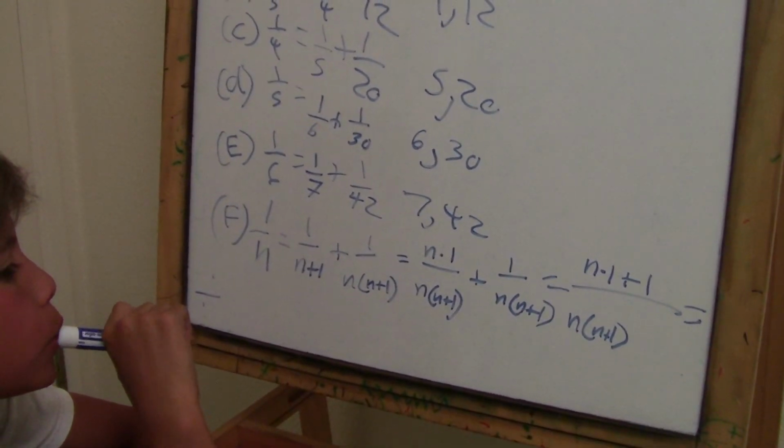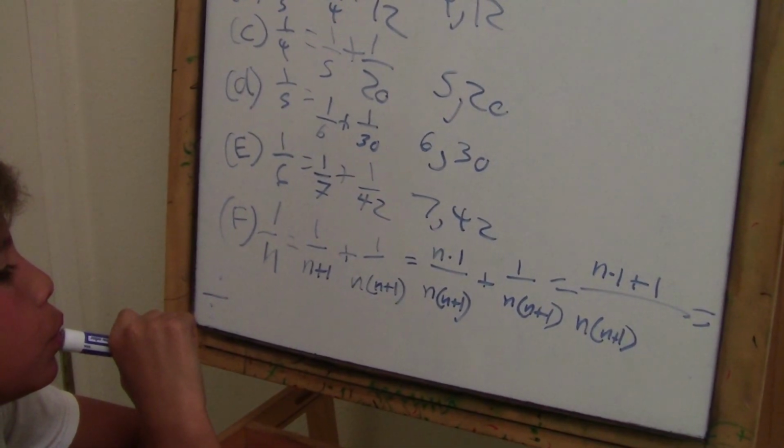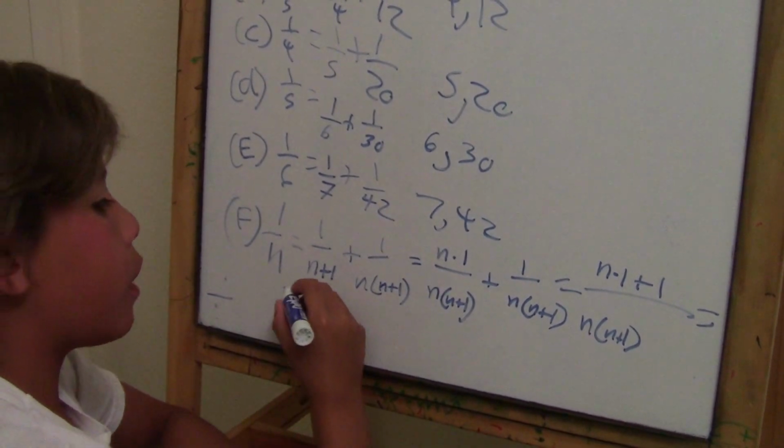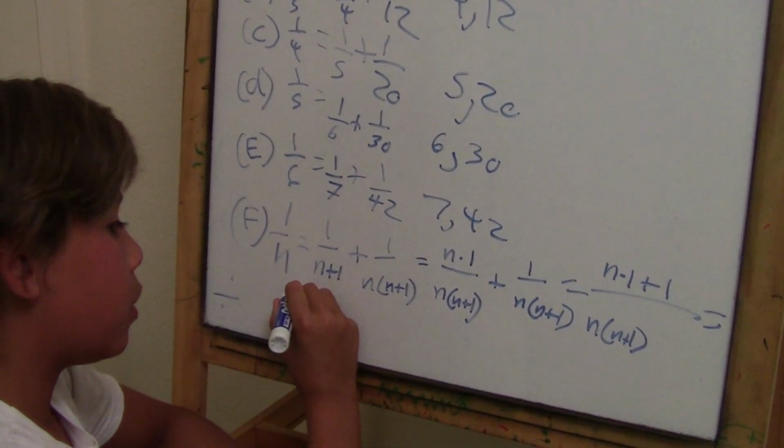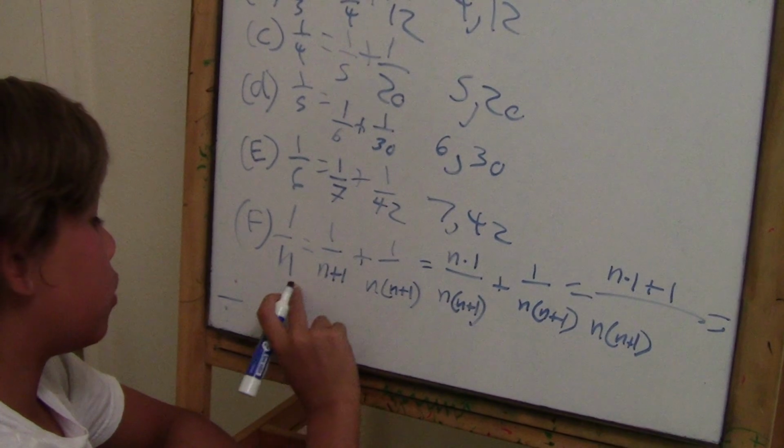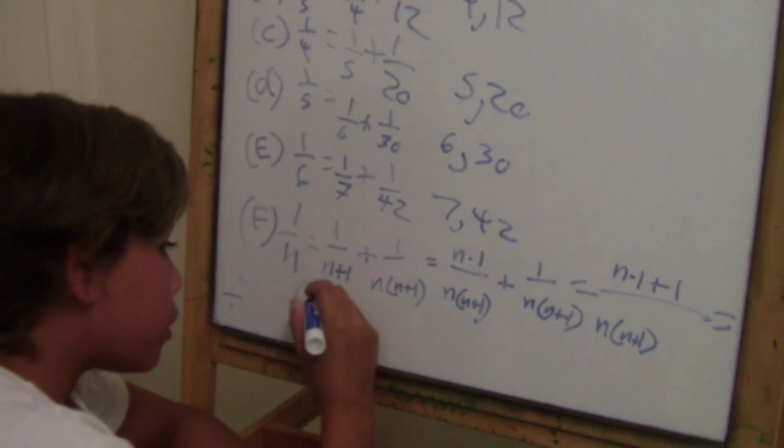Then that would be equal to n times 1 plus 1, over n(n+1). Wait a second. And we can use the canceling property. They're both in parentheses.